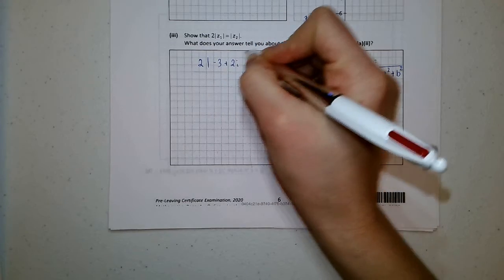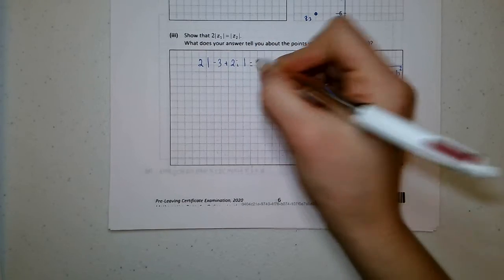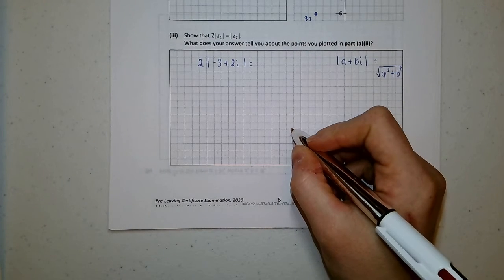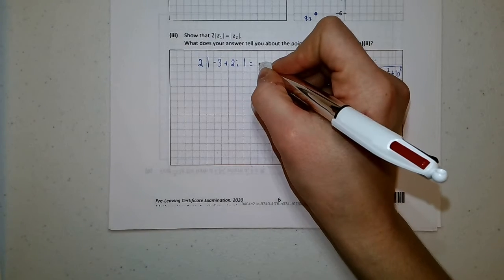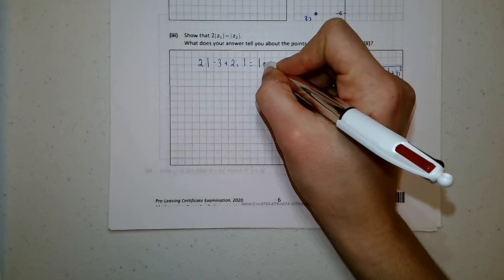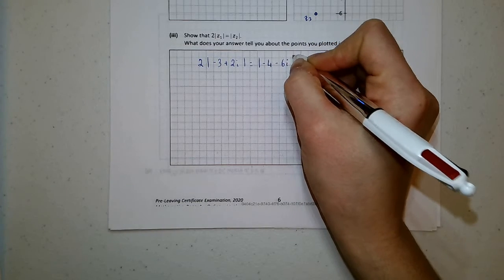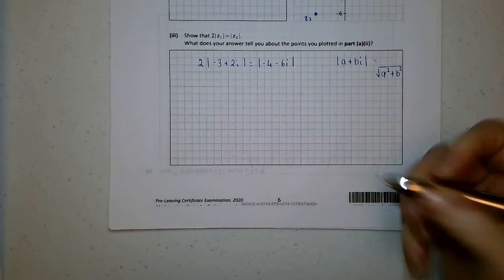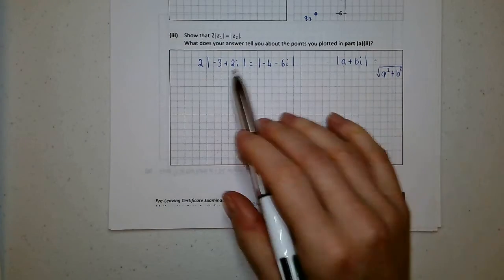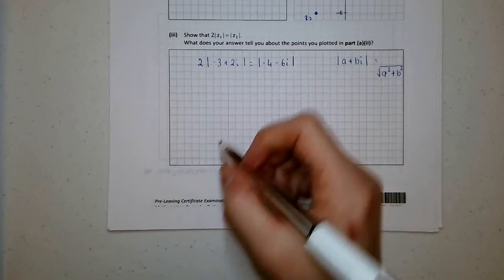That was given to us in the first part of the question. And we want to show that it's equal to the modulus of z2. And we found in the first part of the question that z2 is minus 4 minus 6i. We're then going to use our formula to get rid of the i part and those bars.